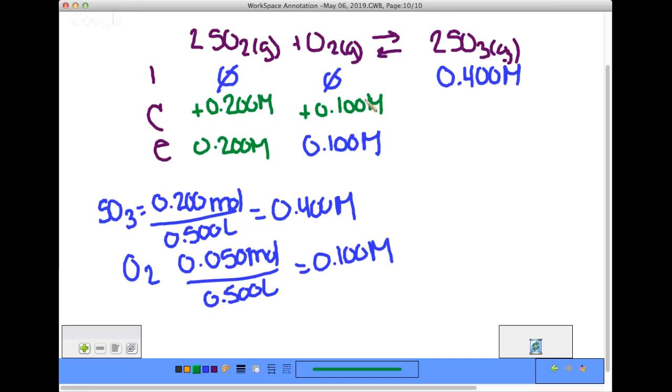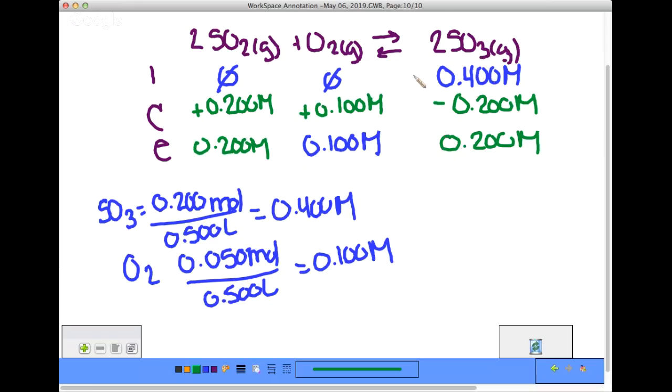So we added over here, and we're going to take away over here 2 moles of this, which means we're going to do the same thing that we did over here, except it's going to be 0.200 molar. So at equilibrium, we're going to have 0.200 molar of our sulfur trioxide. So those are our values at equilibrium.